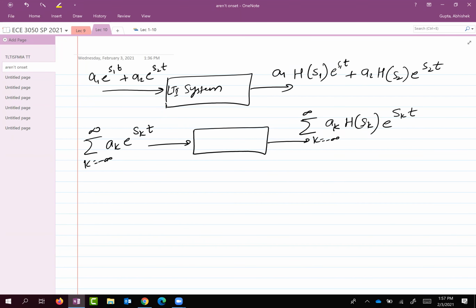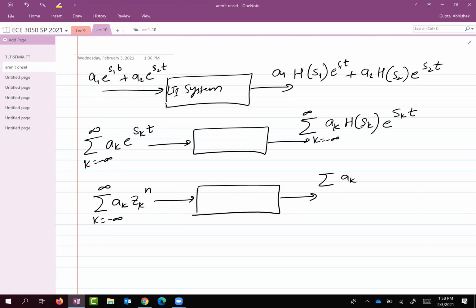The same thing happens in discrete time. If my input is summation ak zk raised to n, k goes from minus infinity to plus infinity, my output will be ak H(zk) zk raised to n.